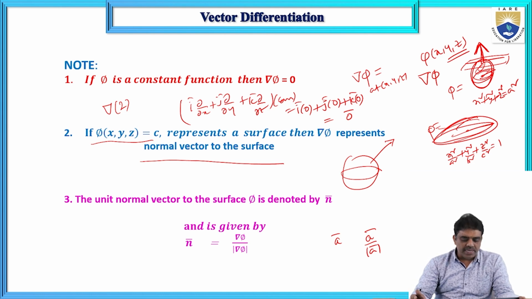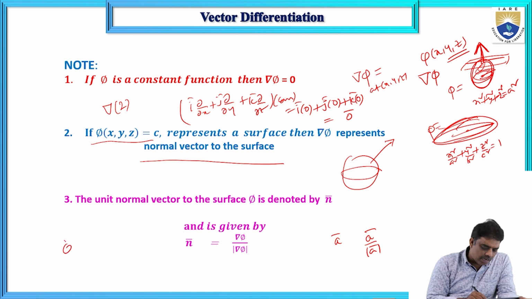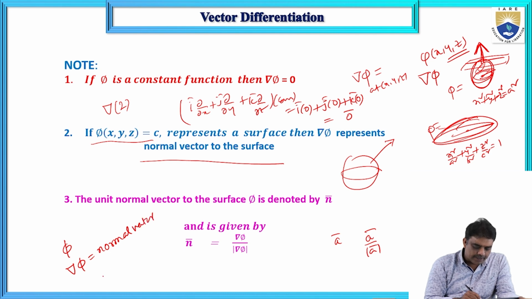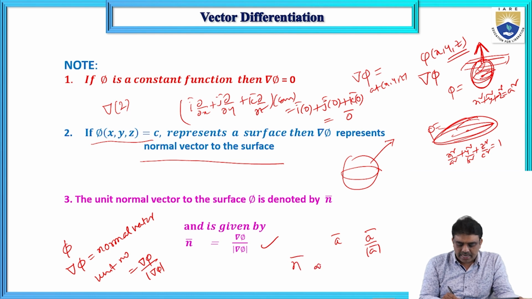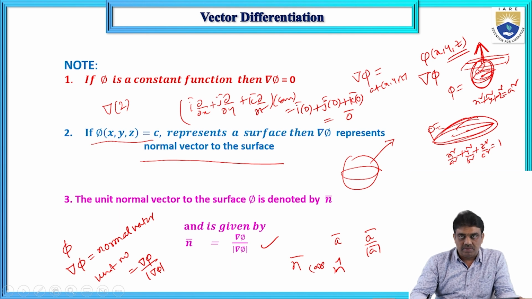If phi is any scalar point function, then grad phi is the normal vector. Then the unit normal vector is grad phi by magnitude of grad phi, denoted by n bar or n cap. N cap is the unit normal vector to the surface.